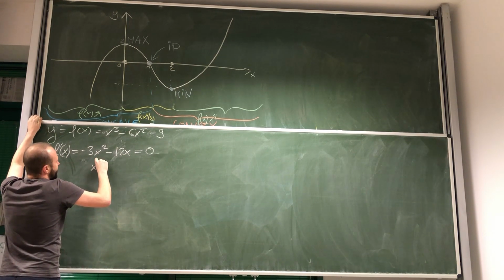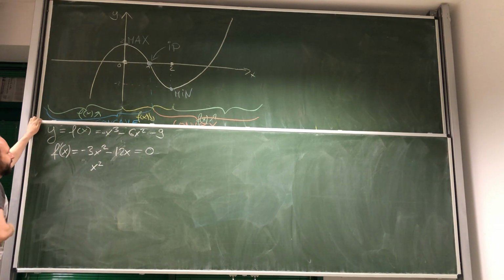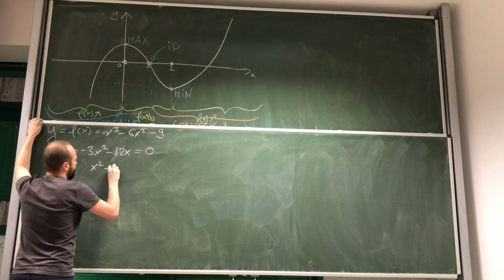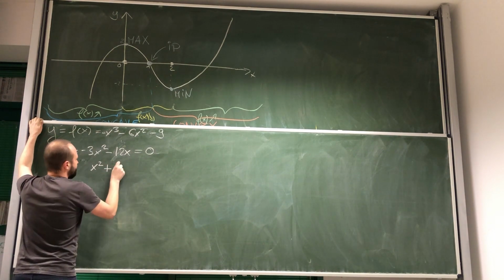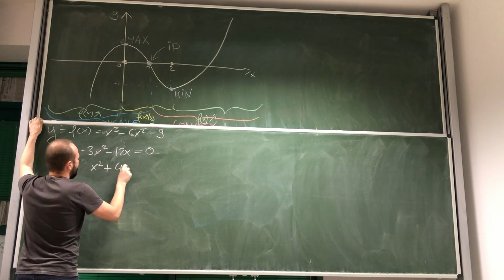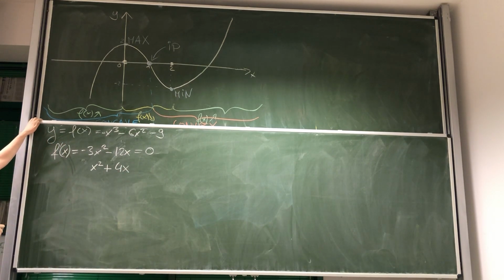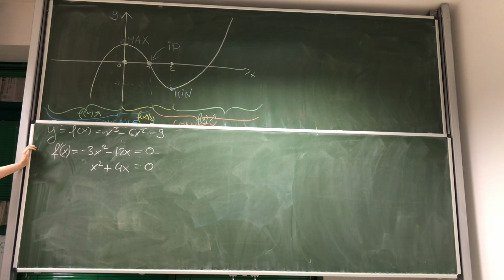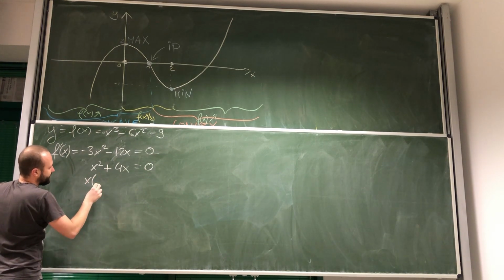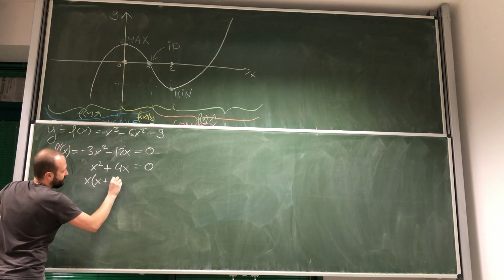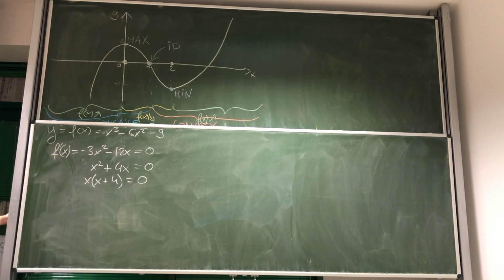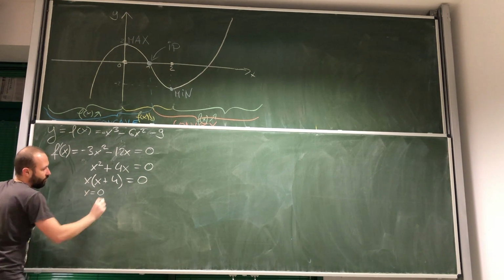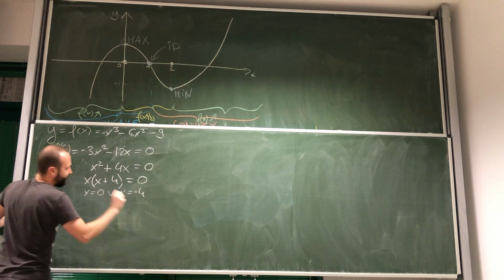So I get that this is x squared plus 4x equal to 0. Okay, so now the next thing I can do is to take x out, and I'm getting that this is x times x plus 4 equals 0. Out of this, I'm getting that x is either equal to 0 or x is equal to negative 4.